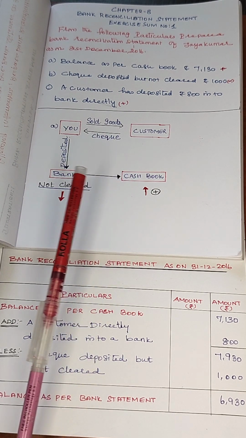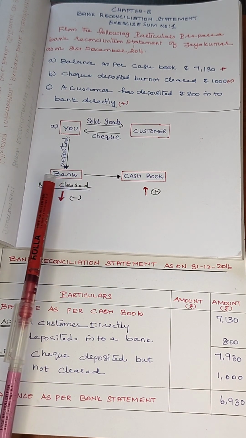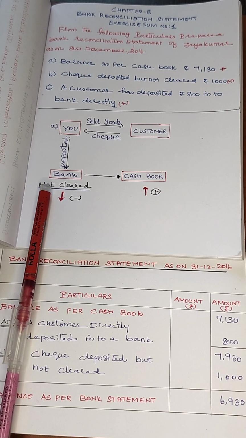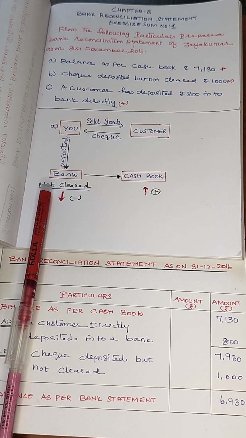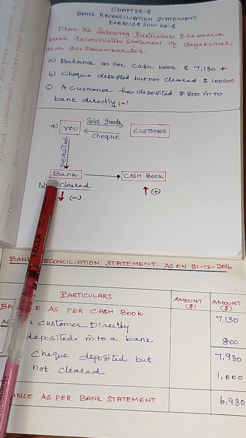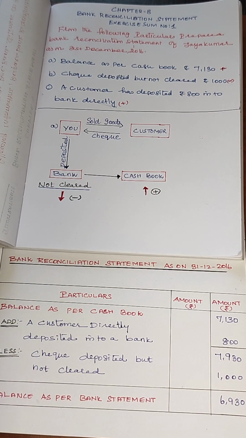But actually what happened at the bank? After depositing our check into the bank, it takes some days to clear it. So your deposited check is not yet cleared, so your bank balance remains the same. Until the deposited check is cleared, your bank account is less, which means your bank account will be minus.